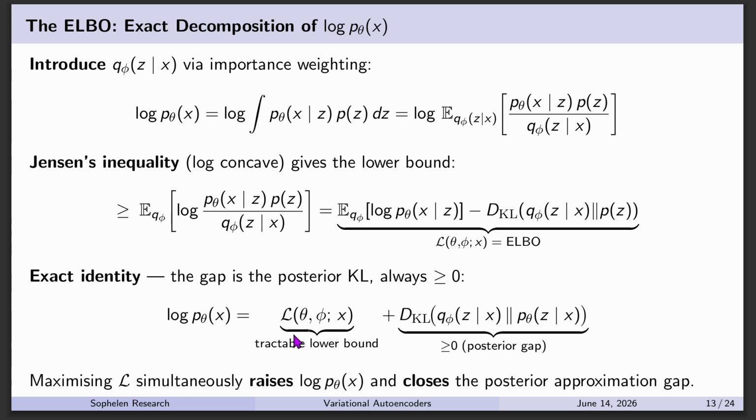What we do is maximize the ELBO, and by doing that, it will close the posterior gap. Remember that P is the ideal density function, and Q is the density function that we construct from scratch. We want these two to be as similar as possible: maximize this, but minimize this.